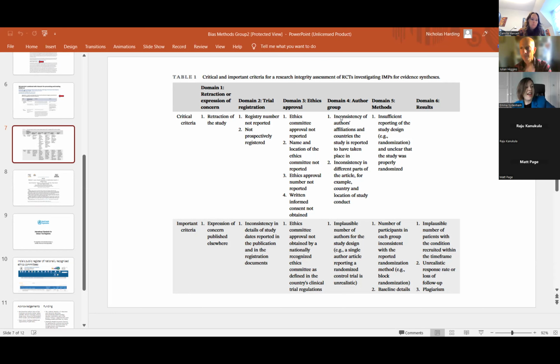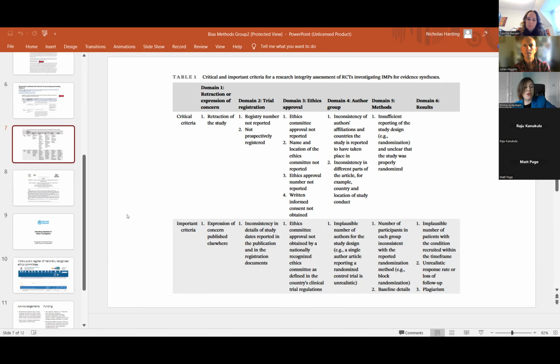So finally, I hope that the next time you work on a review, you consider using a research integrity tool to guide the selection of studies, whether it be this tool or one of the others available, such as the REAPPRAISED checklist or the Cochrane Pregnancy and Childbirth Trustworthiness Screening Tool.